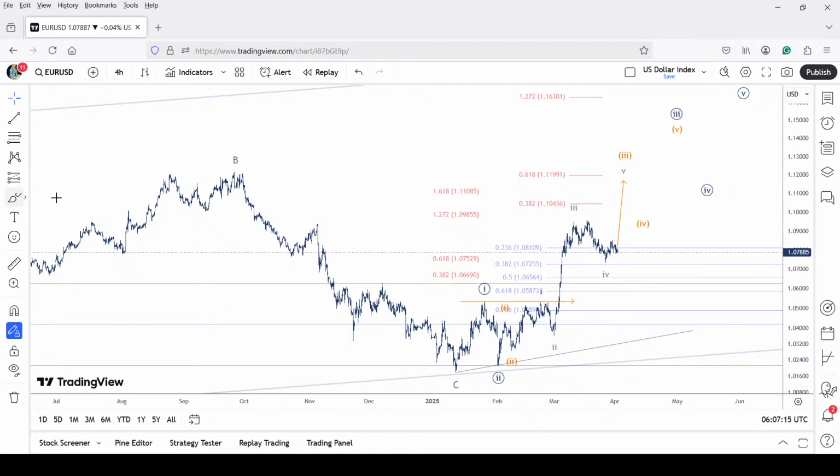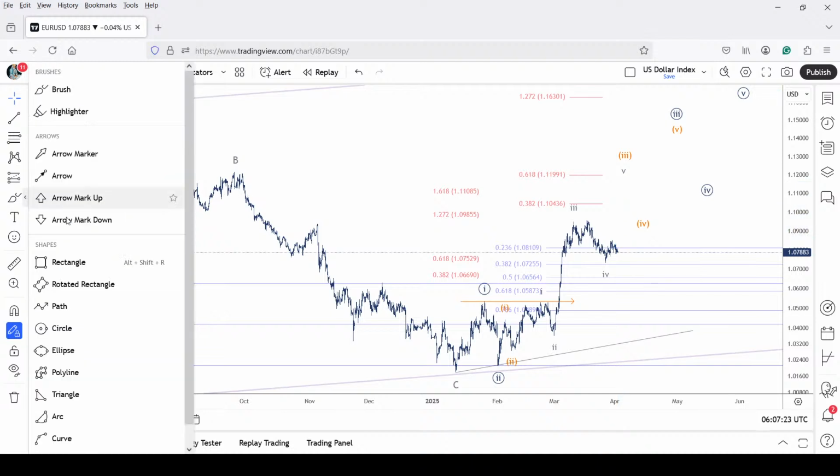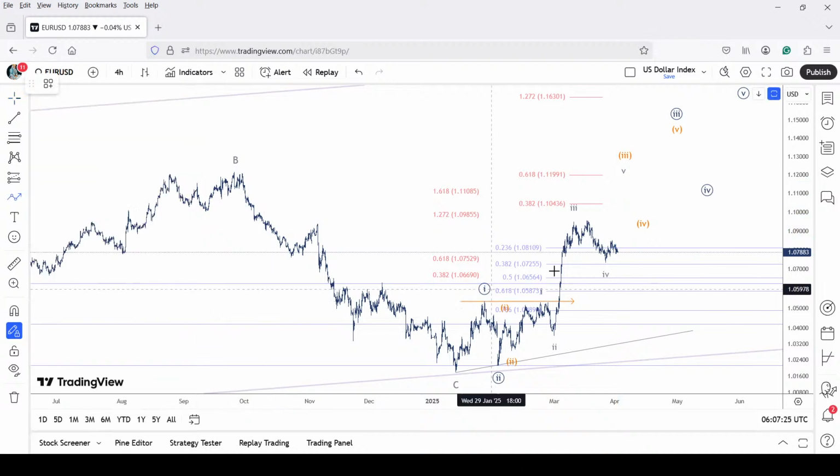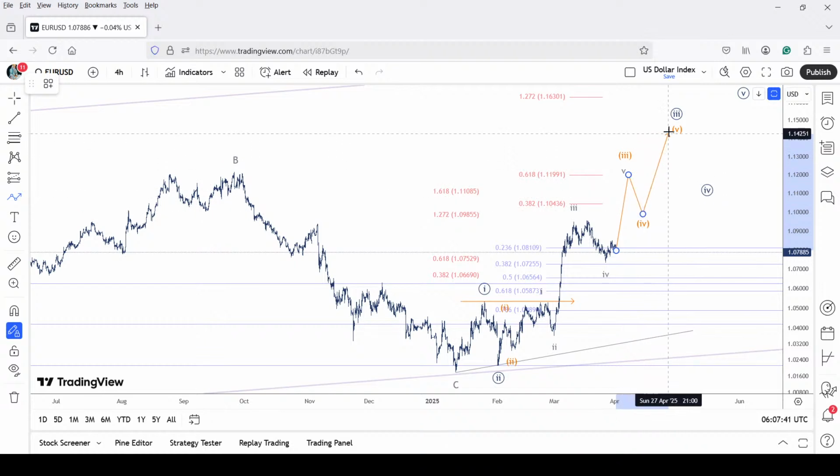In fact, we can change this path and lay down a new path, possibly carving the sub-minute wave 5, and then slightly lower the minute wave 4, and then minute wave 3 again, wave 4 at the minute degree, and wave 5.